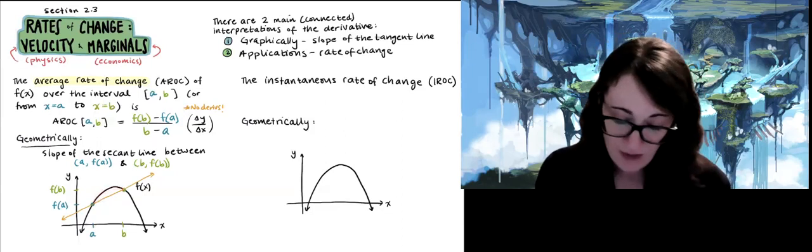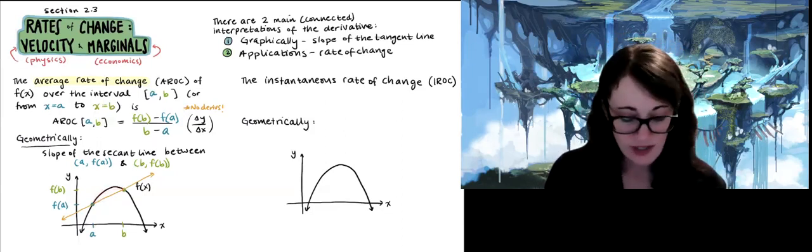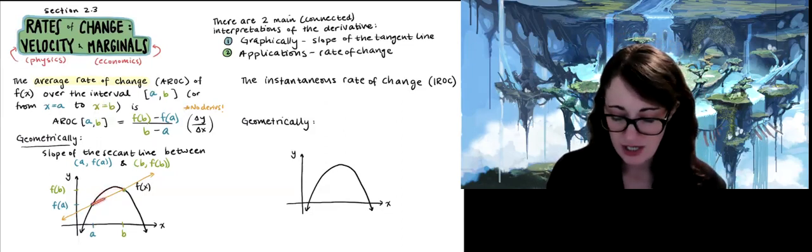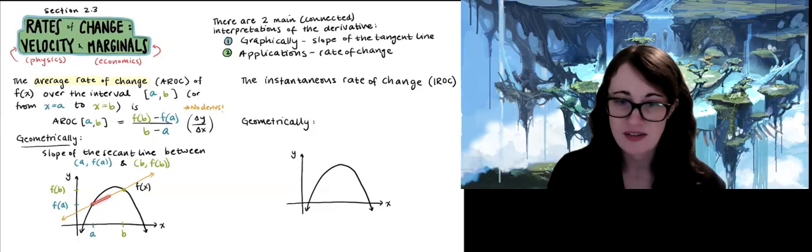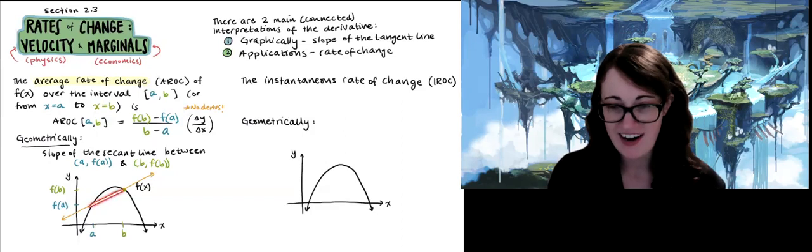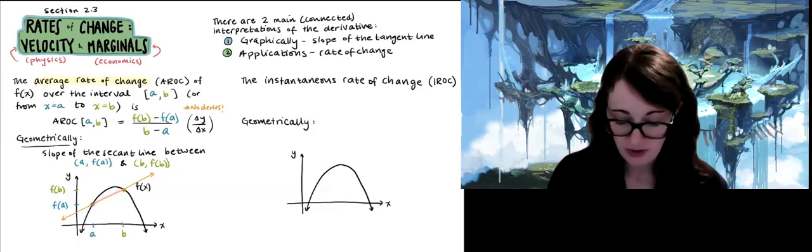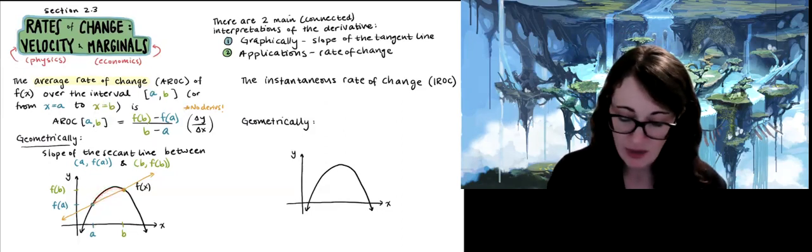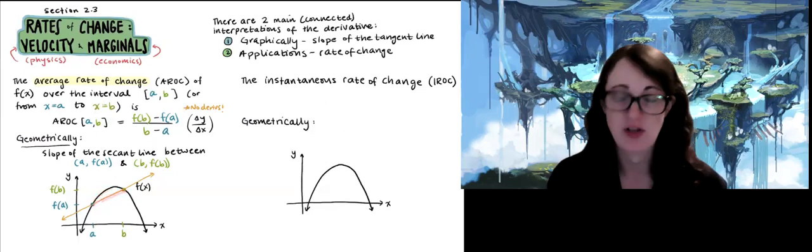So the average rate of change tells us that if we just wanted to go at a constant rate of change, right, this line has constant slope, a constant rate of change from A to B, the shortest path to get here, on average, if you took all the rates of change throughout all of these points here, or all of the slopes throughout all of these points here, they would average out to just be the slope of that line.